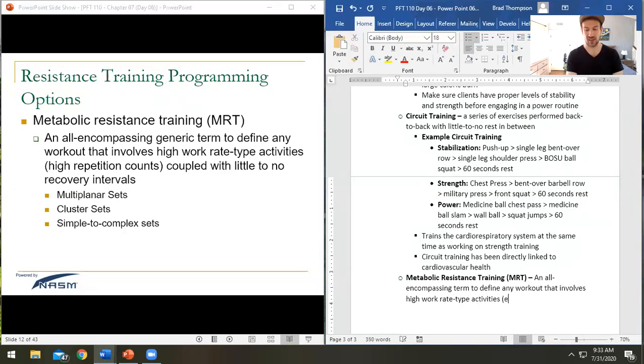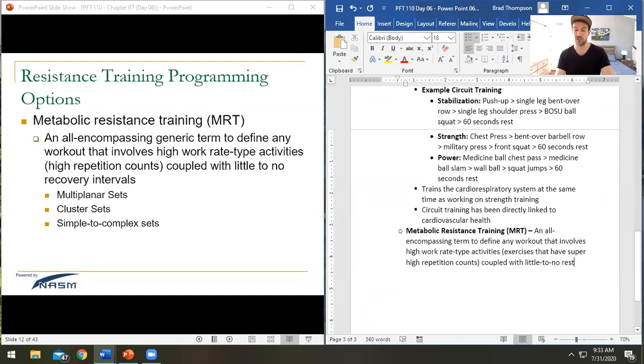Which means exercises that have super high repetition counts, coupled with little to no rest. So this is like your boot camp. This is like your CrossFit hero workouts, you know? So we're gonna see a couple fun versions of this.